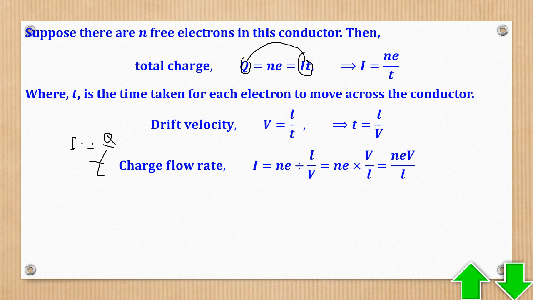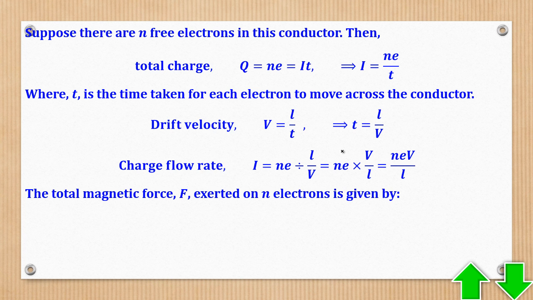Now charge flow rate means Q over t, meaning that I will be left with I. That's why you see here the charge flow rate is current, and this current will be equal to Q over t, which is here. The division sign becomes a multiplication by getting the reciprocal of this. So when I combine them, I come up with N e v over L.